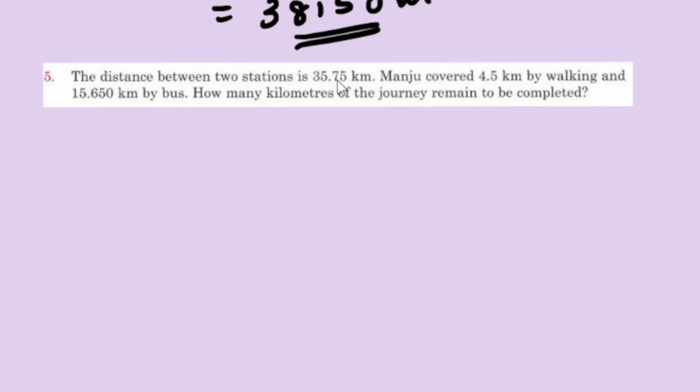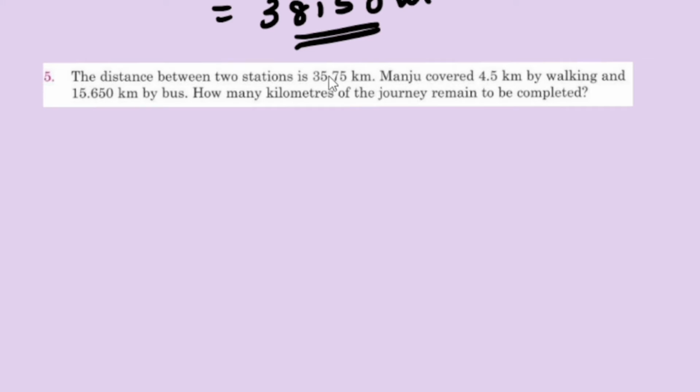First we have to find out the distance covered by walking and by bus. So these two you have to add, 4.5 kilometer and 15.650 kilometer. That both you have to add first. So you will get the distance covered by Manju.